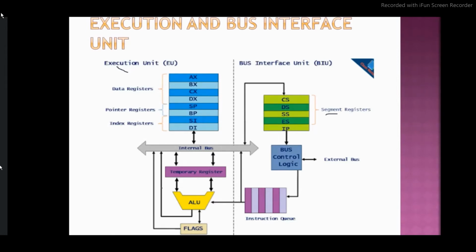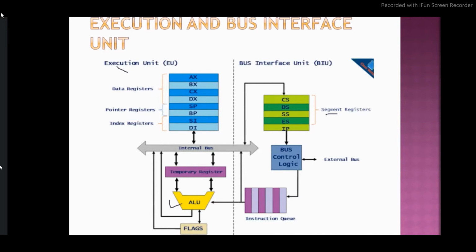In the execution unit, the ALU carries out all the logical and arithmetic calculations. That's why the instruction is taken from the instruction queue and given to the ALU.